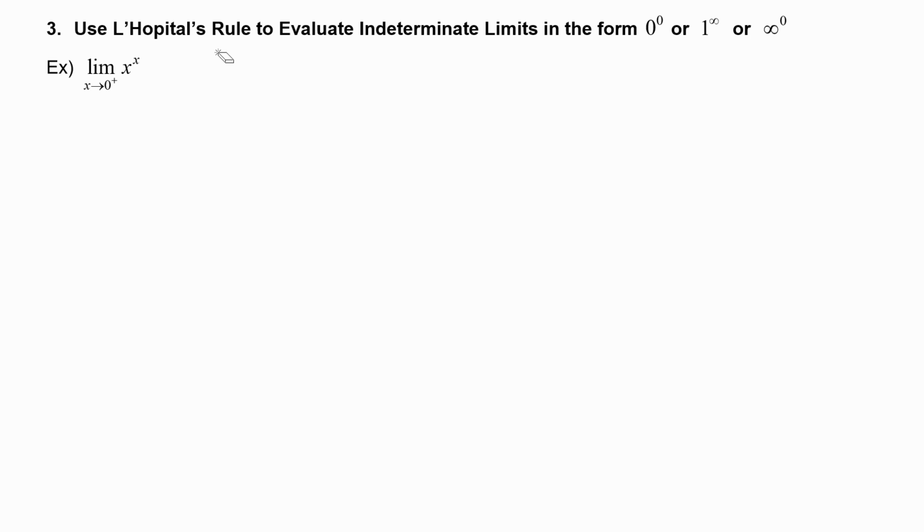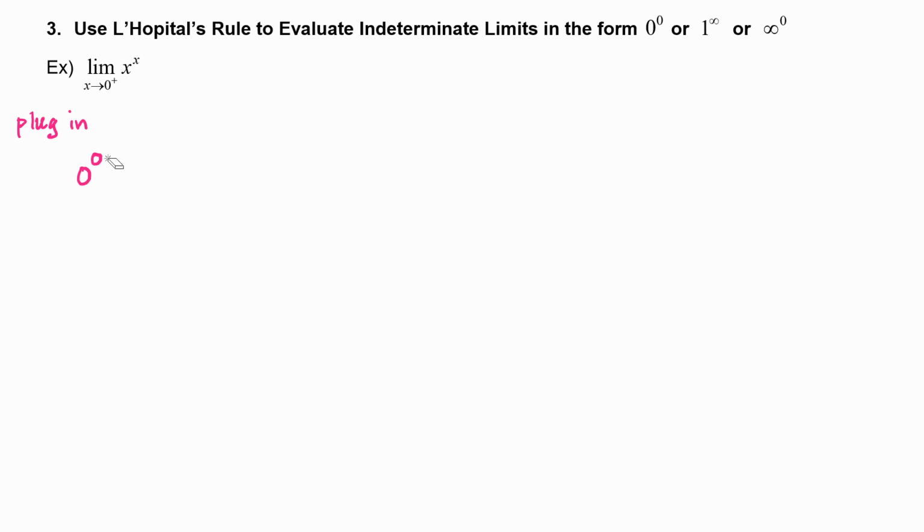Now, trying direct substitution, when we plug in our limit value, we would get 0 plus raised up to the power of 0 plus. So that means we have the form 0 to the 0. Now, the problem here is that when the base is 0, it's trying to make the entire expression 0.